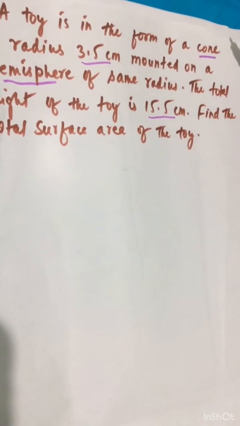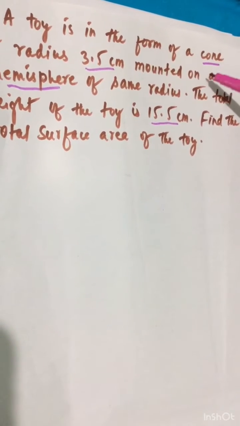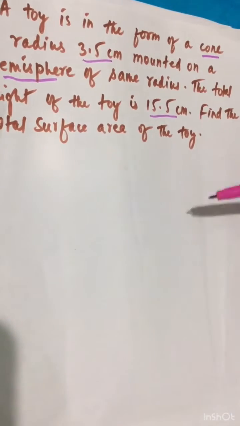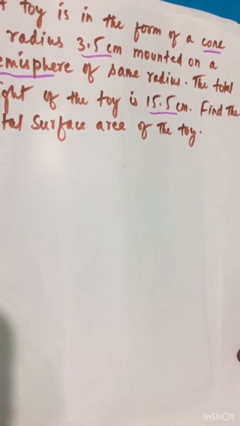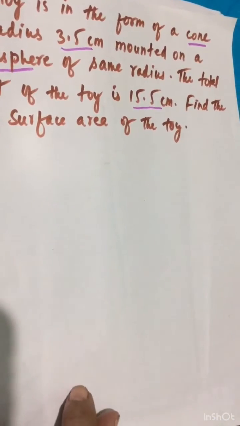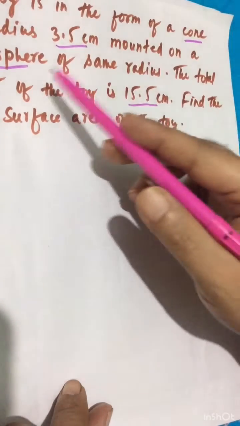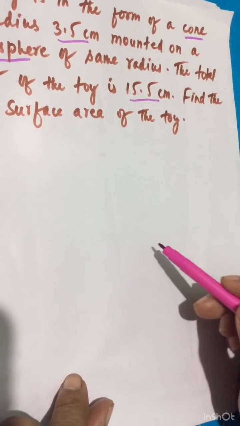So the toy shape is a cone mounted on a hemisphere. Let us understand this question by drawing one simple figure also. Mounted on a hemisphere means the bottom part is a hemisphere.